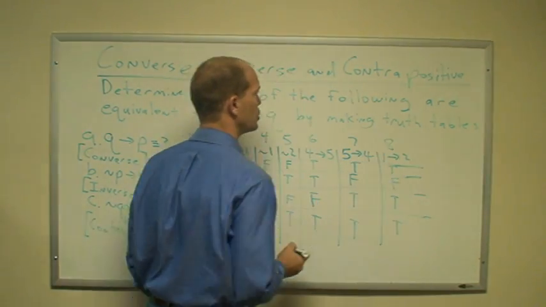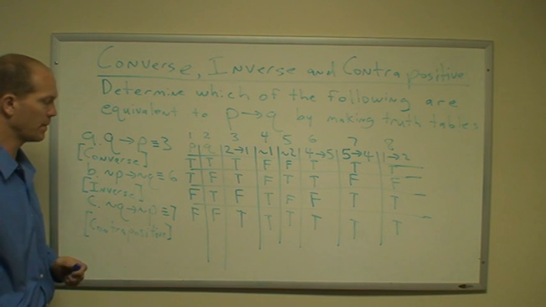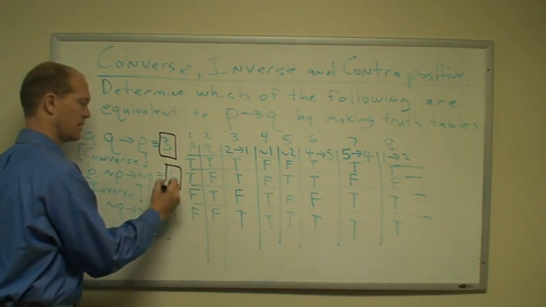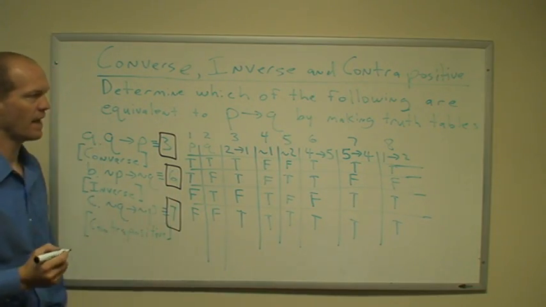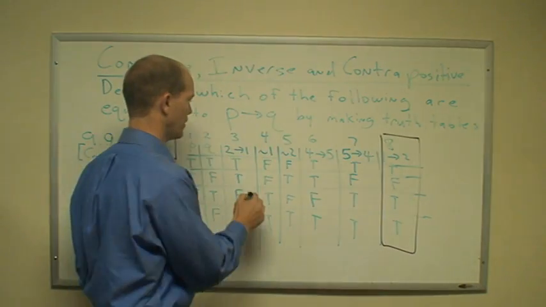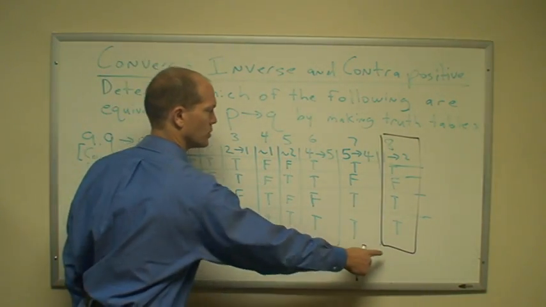So, if I want to determine which of the following are equivalent to if P then Q, I'm comparing each of 3, 6, and 7 to what I have in column 8. Looking at 3, those don't match up. Looking at 6, those don't match up.